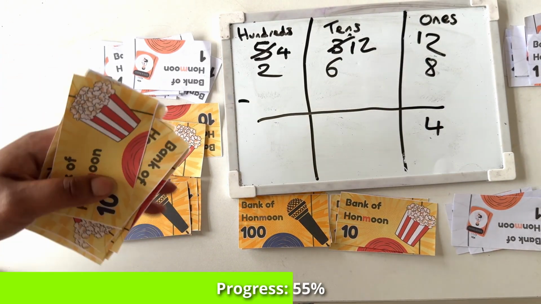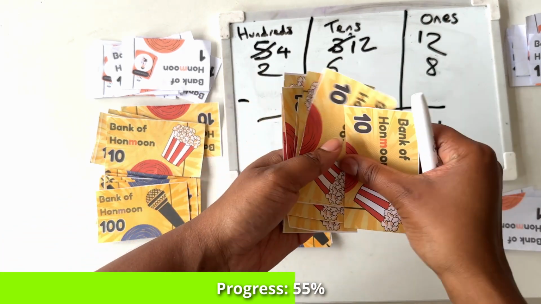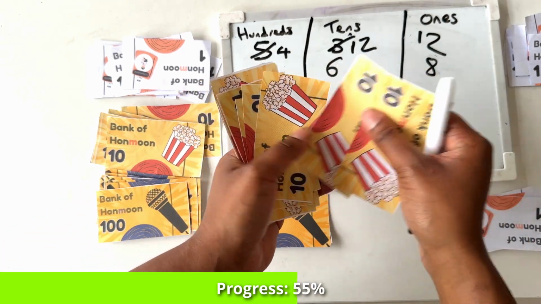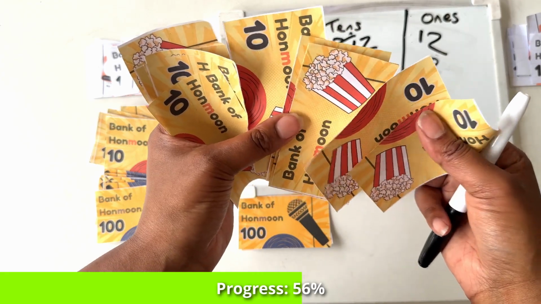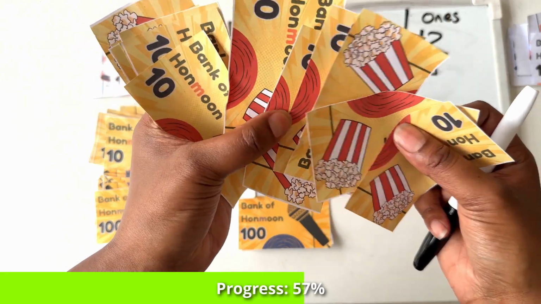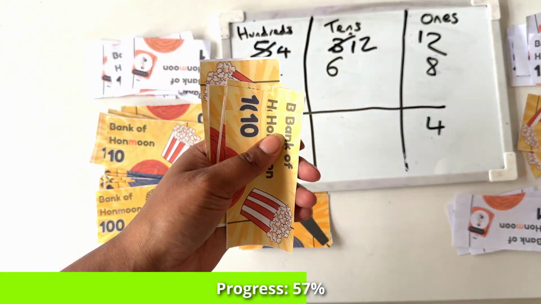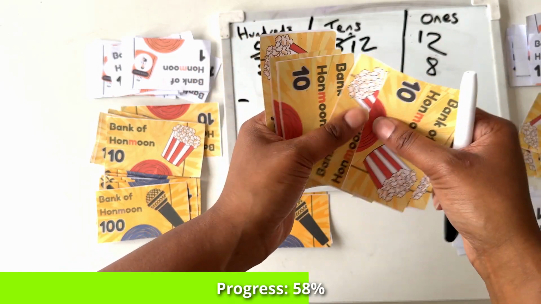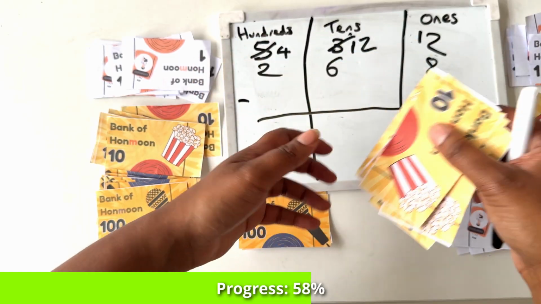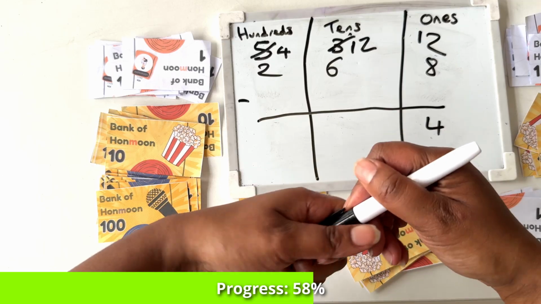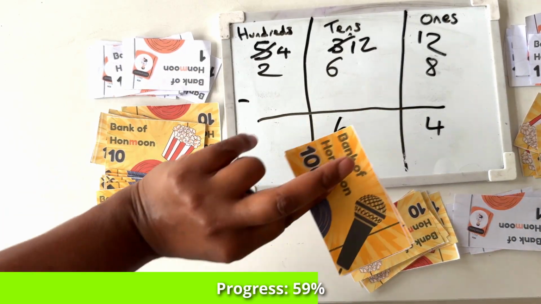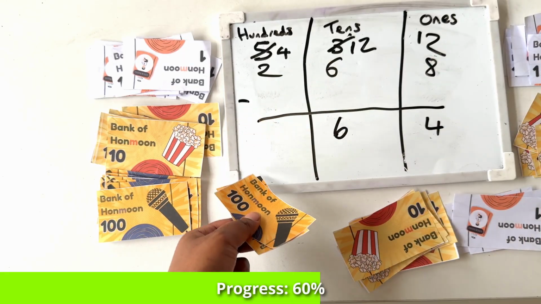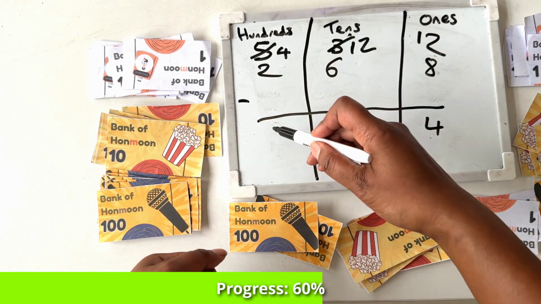I'm going to take away 6. You probably know that. Let's count it anyway. 1, 2, 3, 4, 5, 6. That leaves us with 6, because 2 times 6 is 12, right? Put 6 here. And 4 minus 2, take the 2 away, and that leaves us with 2.